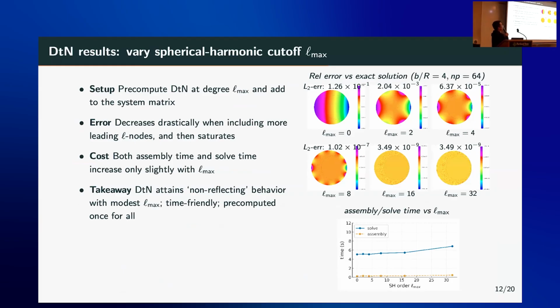After some time, it will saturate, and it should saturate to the FE discretization error. We also see that with this operator, the solve time does not change much. It's nearly flat, and the assembly time of this operator is also nearly constant. We think this operator is time friendly, and a good advantage is that it can be pre-computed once for all.